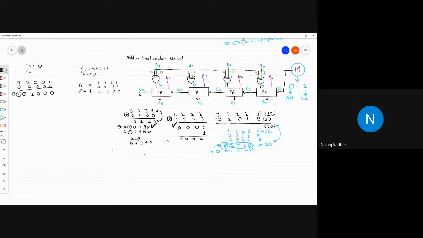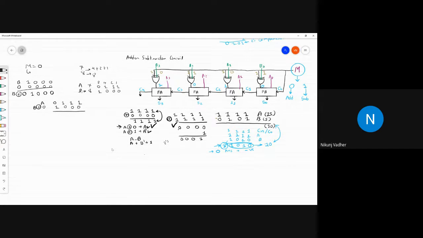Now let's add it to A. A is 0 1 1 1, and B XOR 0 is 1 0 0 0.